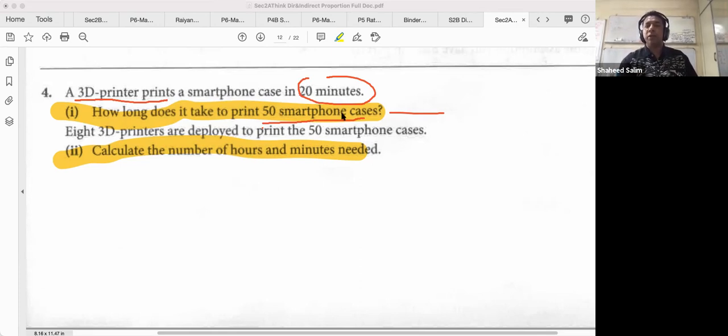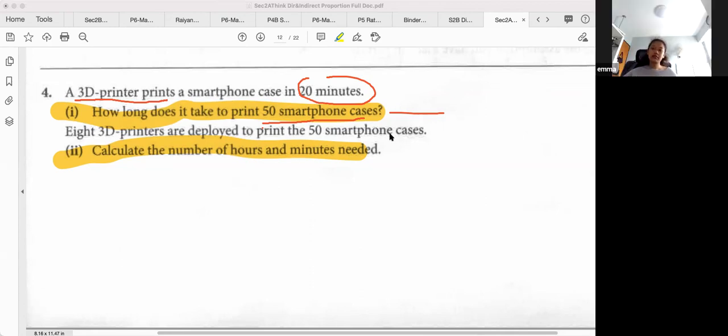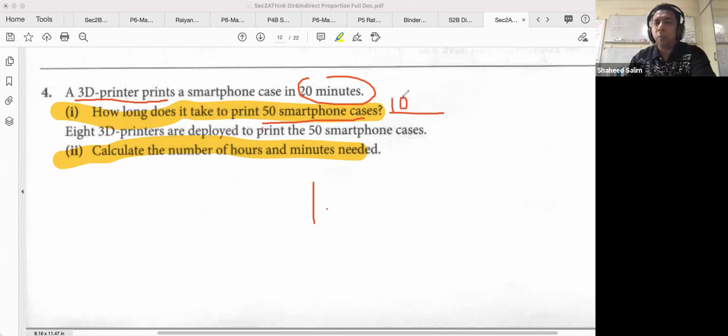Be careful, they're going to mix everything. So one smartphone takes 20 minutes, 50 smartphones take 1,000. Good.